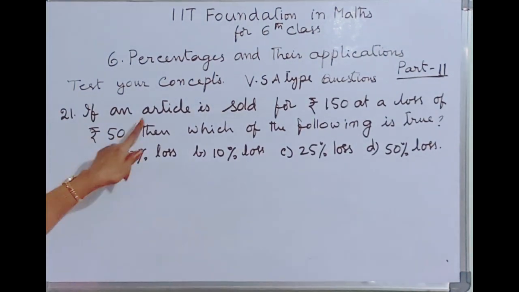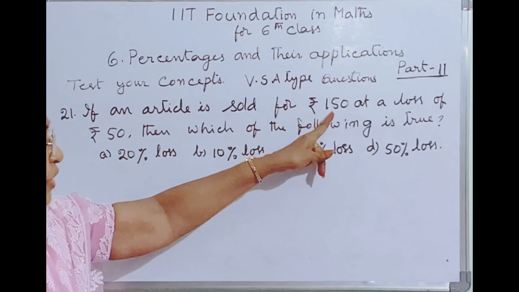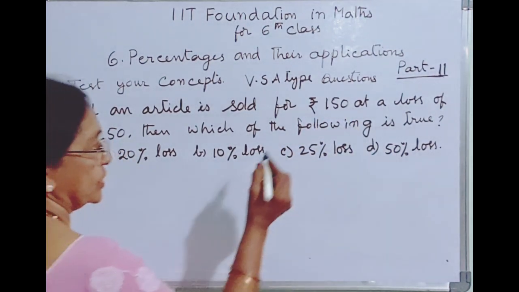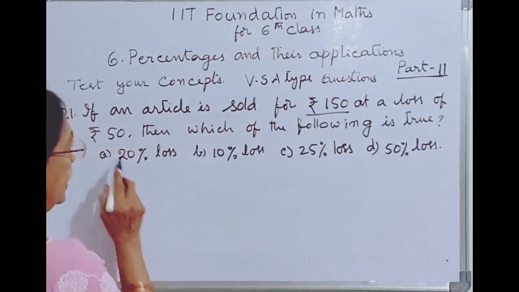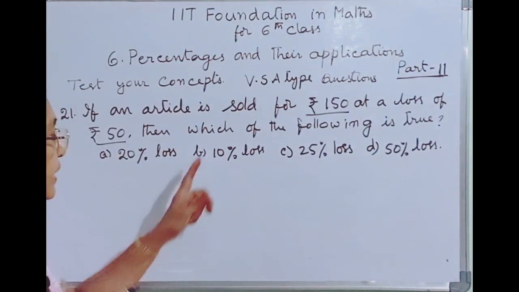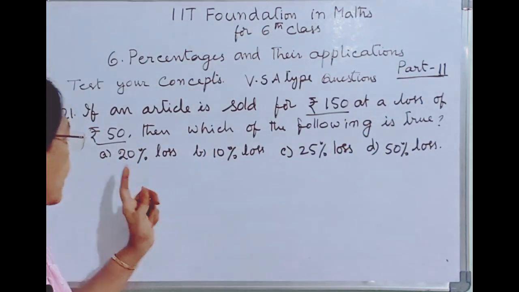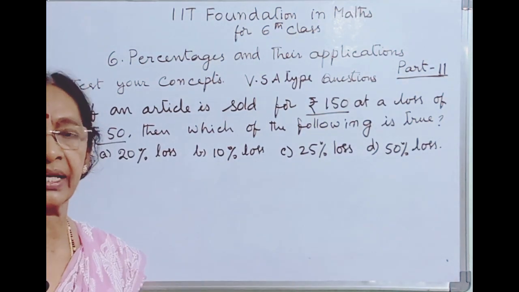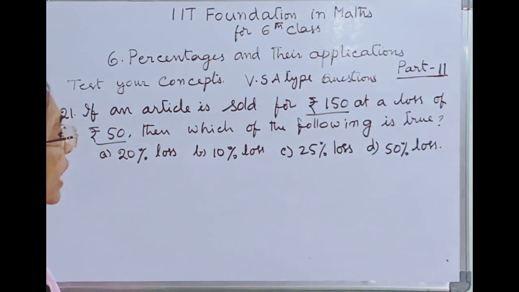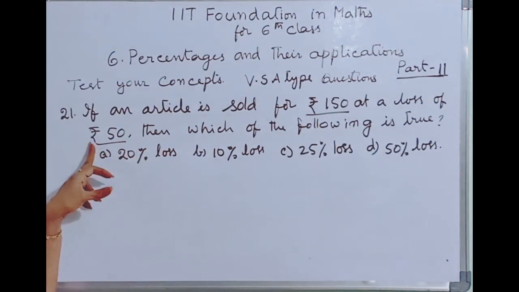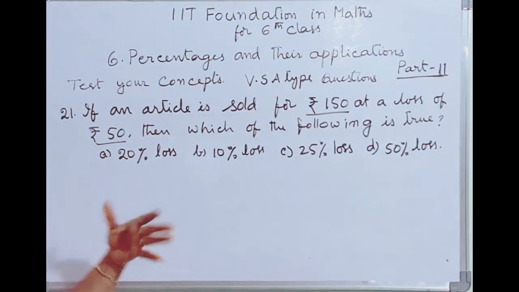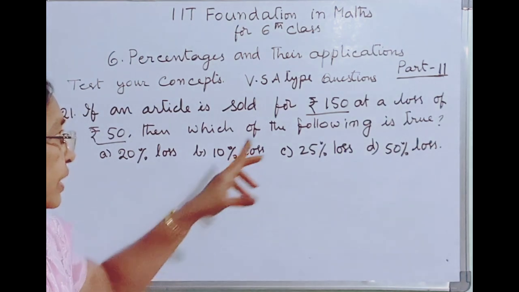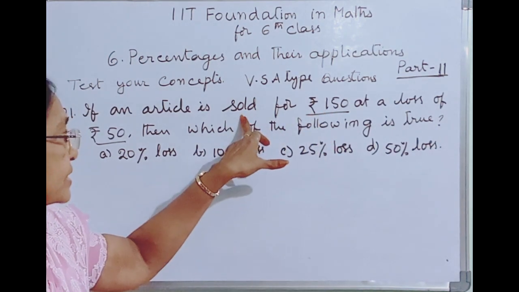21st problem. If an article is sold for rupees 150 at a loss of rupees 50, so selling price is rupees 150 and the loss is rupees 50, then which of the following is true? All our loss percentages are given, therefore we have to calculate the loss percent. Here the loss is rupees 50. To calculate the loss percent, we need cost price.